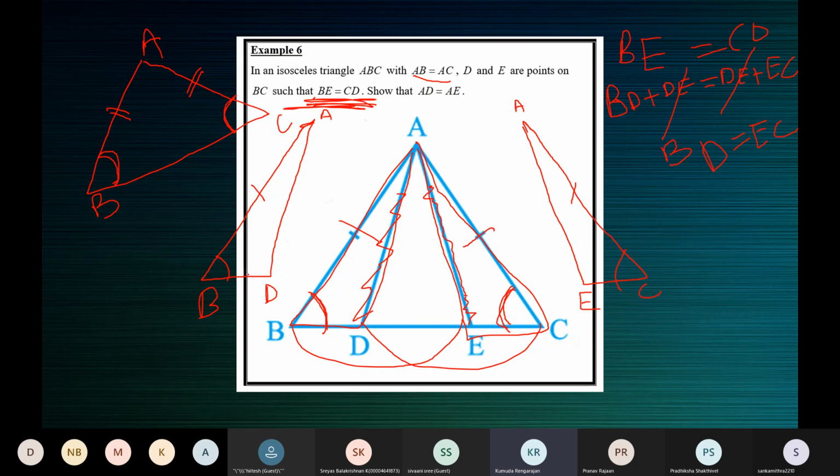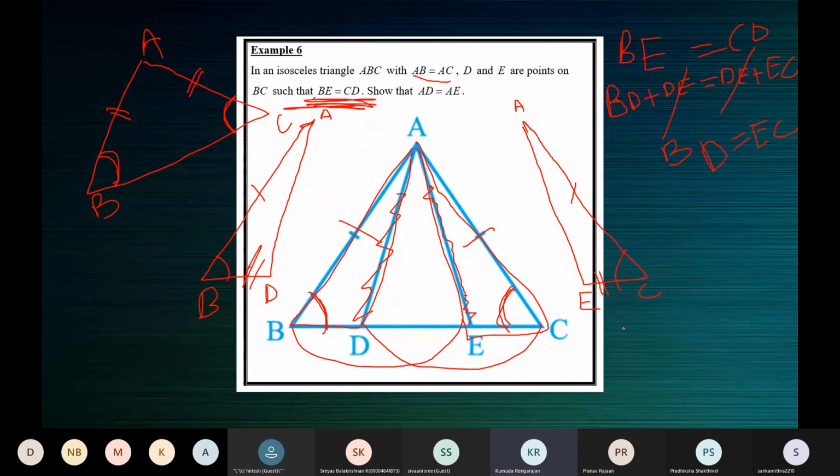And see here, BD is equal to EC. So what is the rule? By which rule are the two triangles congruent? SAS congruence criterion. Triangle ABD is congruent to triangle ACE.